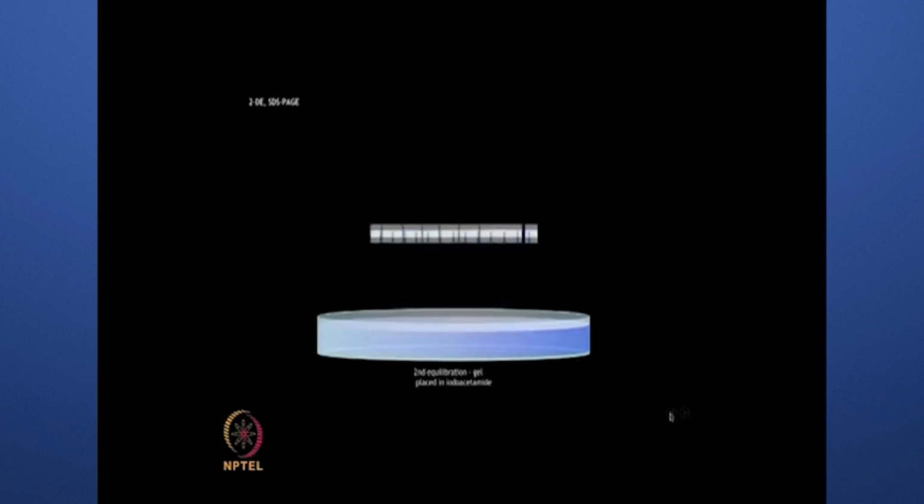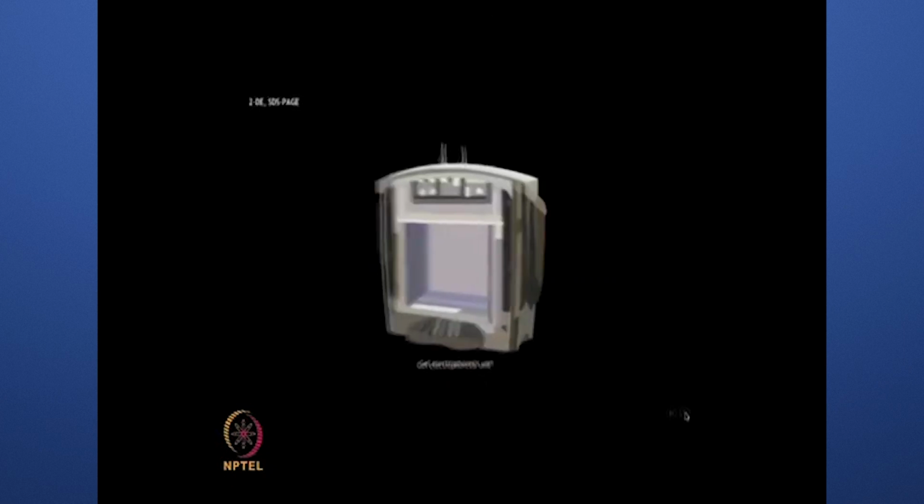This strip containing the separated proteins is then placed on an SDS-PAGE gel slab for further protein separation in the second dimension based on the molecular weight. The proteins on the IPG strip are subjected to SDS-PAGE by applying a direct current between 100 to 350 volts depending upon the size of the gel.